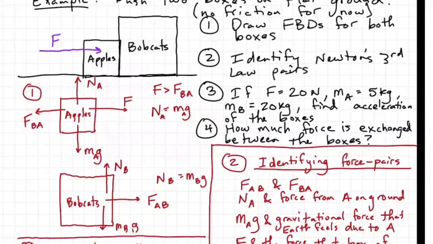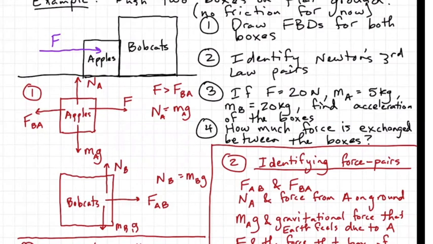So we lose a lot of acceleration to that second box. That second box pushes back on us really hard. And the bigger that second box gets, the bigger this force gets too. You can check that in the math if you want to try it with a couple of different masses.